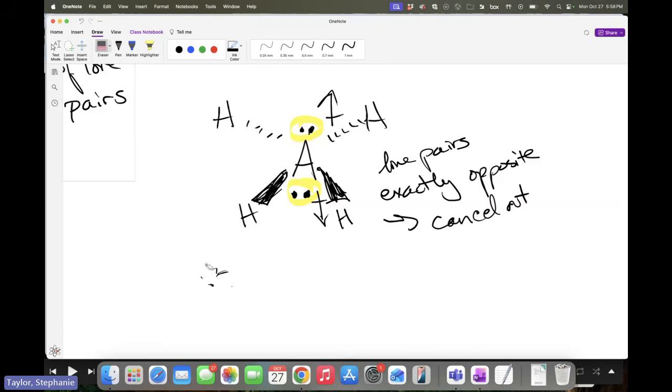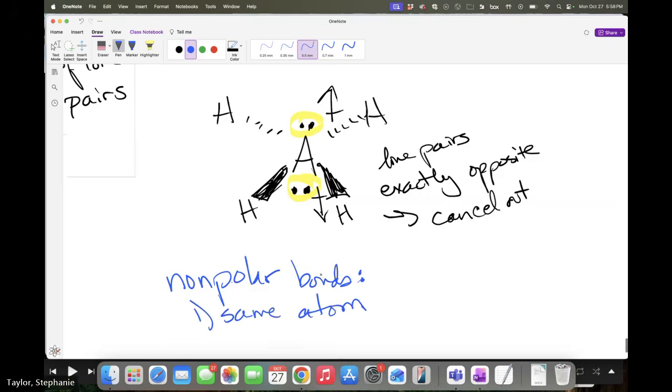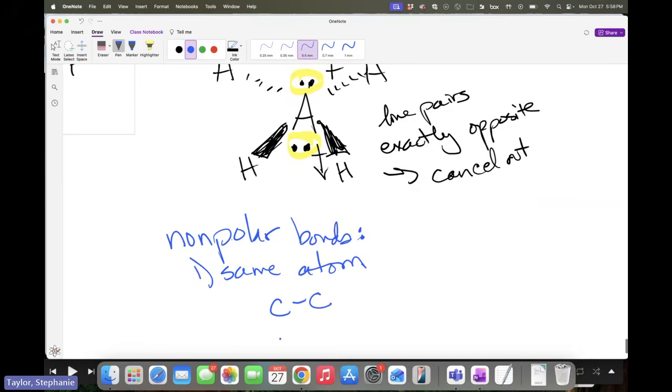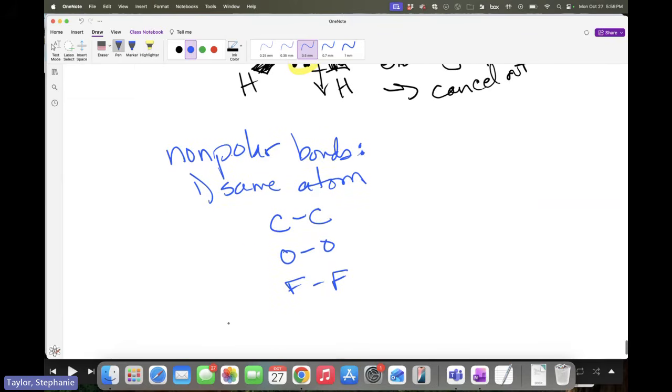So what we're going to do about that is I have a general rule, which is non-polar bonds are either the same atom, so that could be a carbon to a carbon, that could be an oxygen to an oxygen, that could be a fluorine to a fluorine, I don't care. But non-polar bonds are the same atom, or carbon to hydrogen. These are the only two things that I consider to be a non-polar bond.